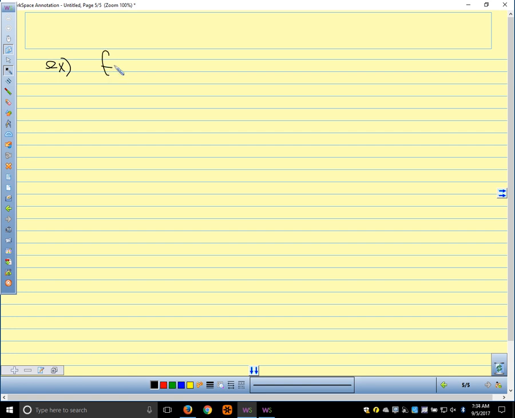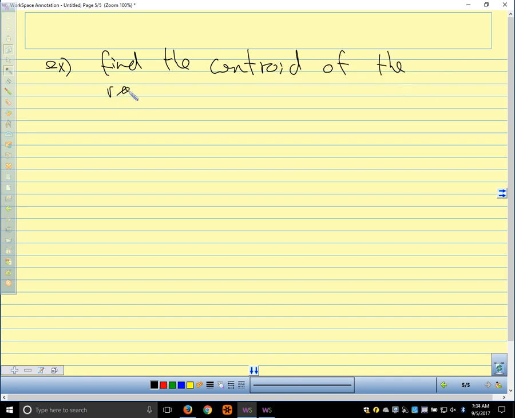Find the centroid of the region bounded by y equals x squared and y equals x. And we're going to say our density rho equals 1.